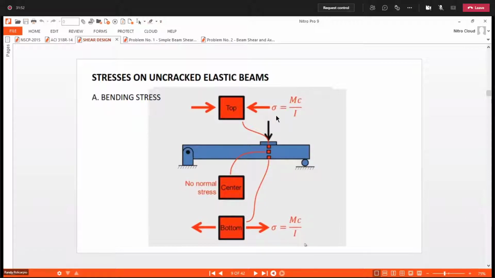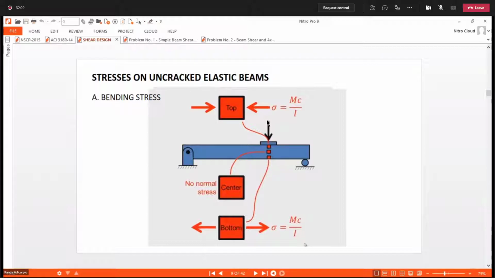And the computation of the bending stress is equal to MC over I. I hope you still recall your lesson in mechanics of deformable bodies. There is a derivation for this. We call this the flexure formula.